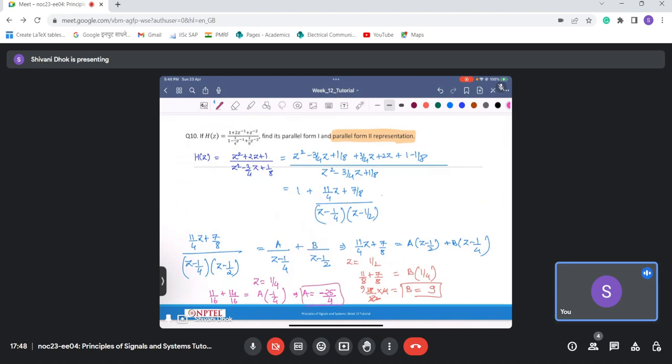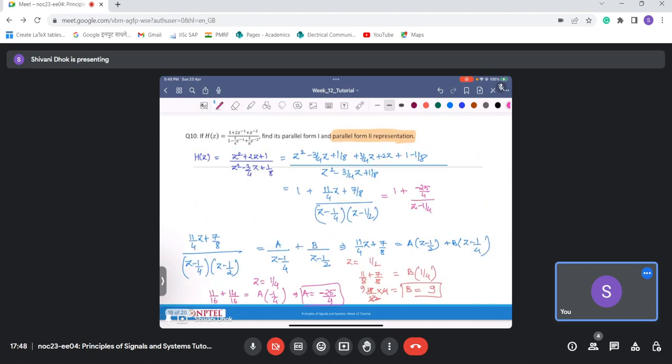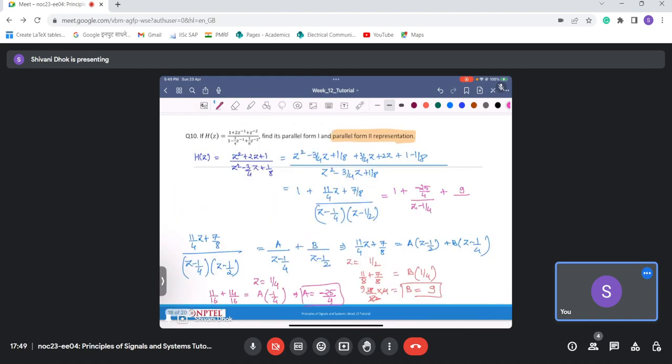So this I can write as 1 plus a, which is minus 25 by 4, upon z minus 1 by 4, plus 9 upon z minus 1 by 2.